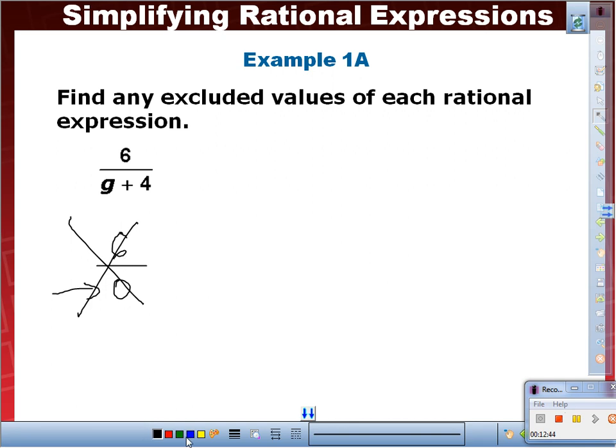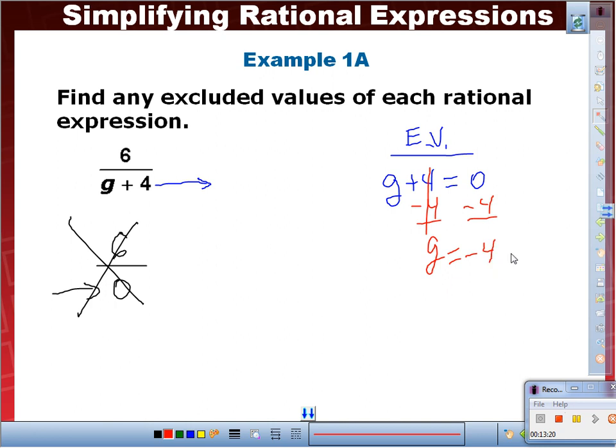So check this out. To find the excluded value, I'm going to do the work over here. I just focus on the denominator. I grab that, g plus 4, and I set that equal to 0. And all I have to do is solve. Let's see. What do I do here? Minus 4, minus 4. G equals negative 4. What does that mean?